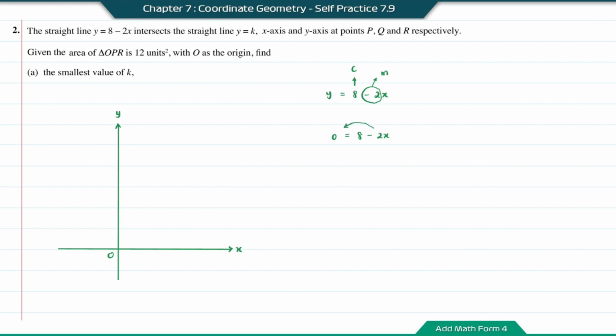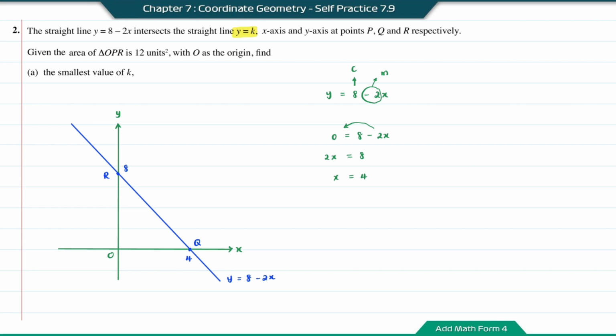We move the -2x to the left-hand side, so positive 2x is equal to 8. Then x is equal to 4. That will be our x-intercept. The intersection point at the x-axis, we're going to label as Q. And at the y-axis, we're going to label this as R.